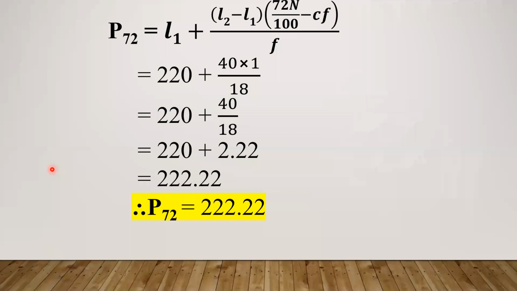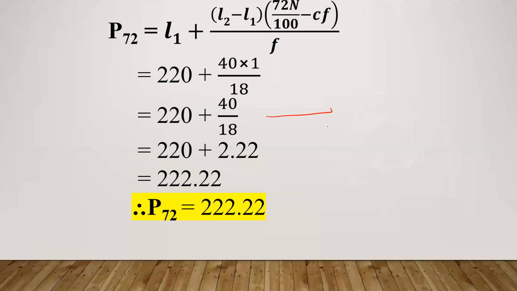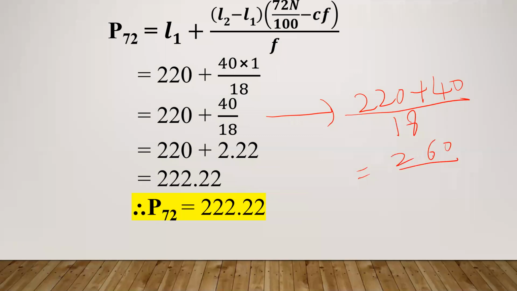Now, a common mistake students make is to solve it like this: 220 plus 40 upon 18, which gives 260 upon 18. What is the value of 260 upon 18?